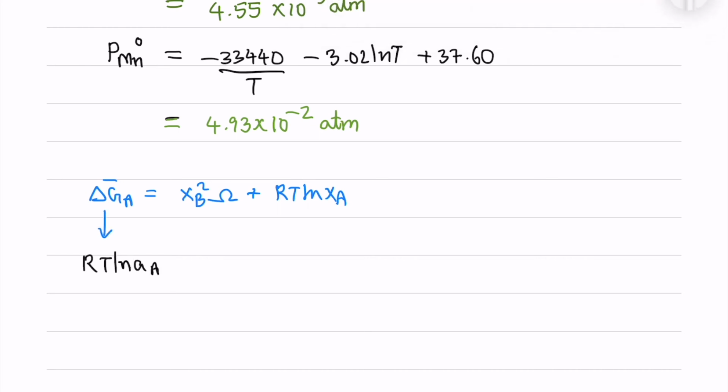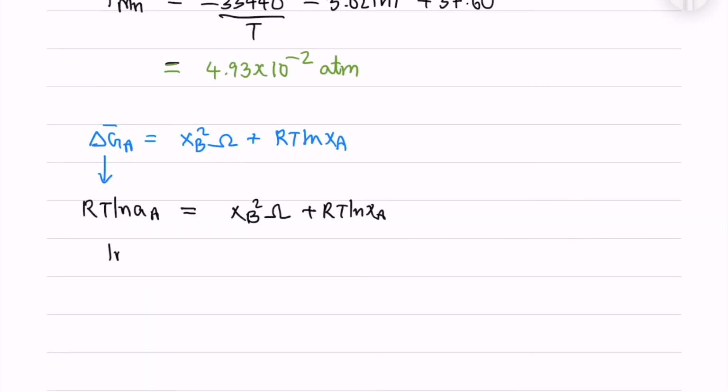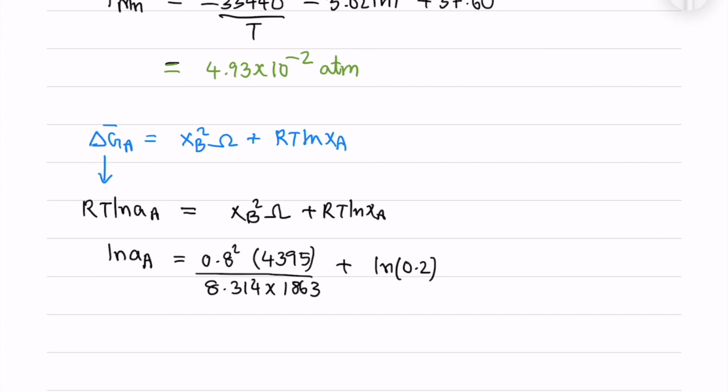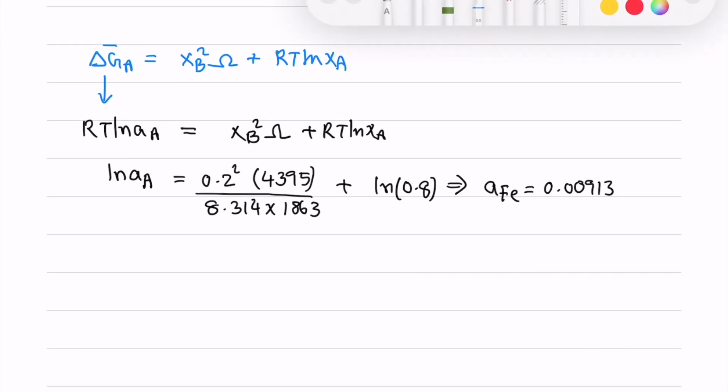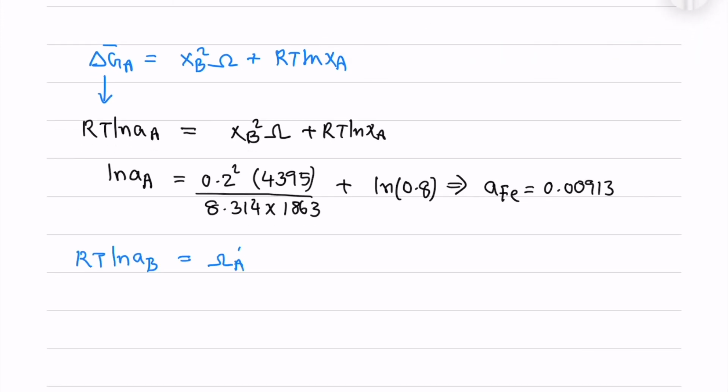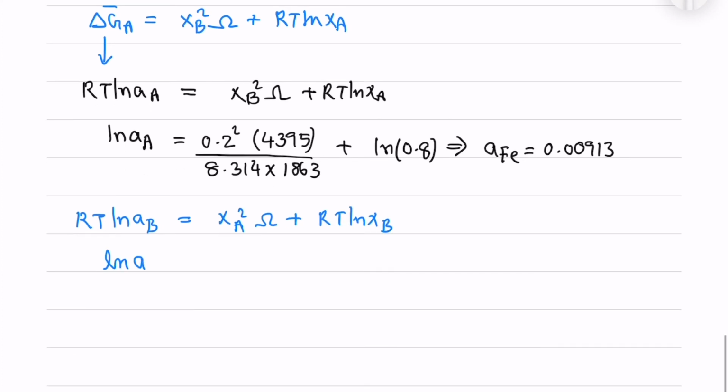Now we use the delta G, that is the chemical potential, which is nothing but RT ln of the activity of component A. So we can get ln a equals to, we substitute the values at 0.2 iron and 0.8 manganese mole fraction, and we get the activity by taking the exponent of this value, and in a similar way we do the same thing for the other component.